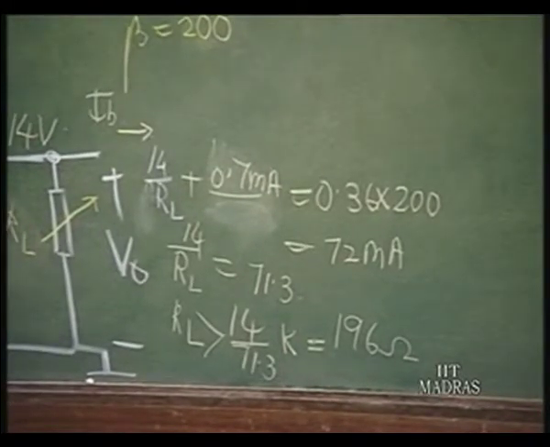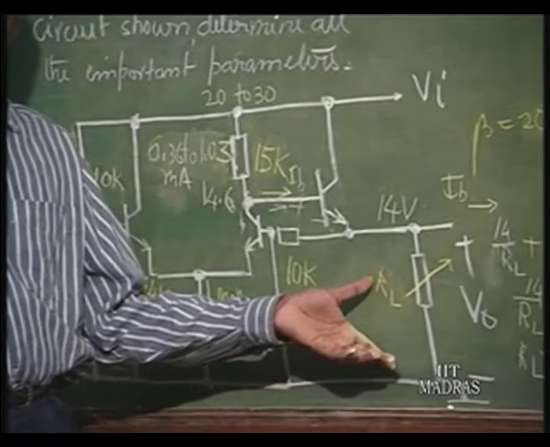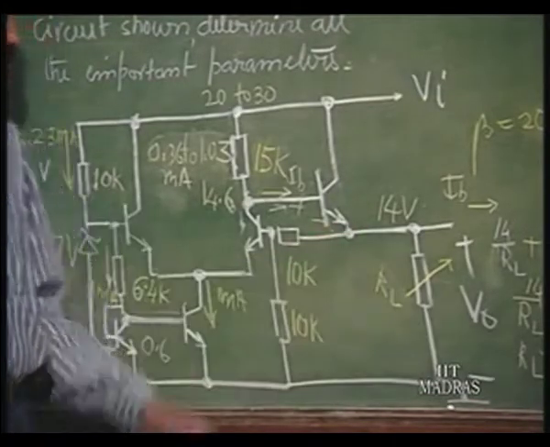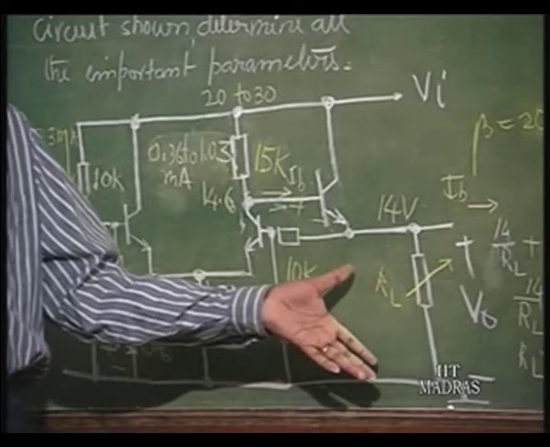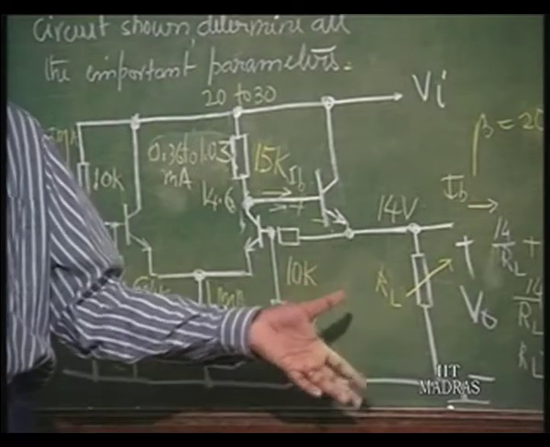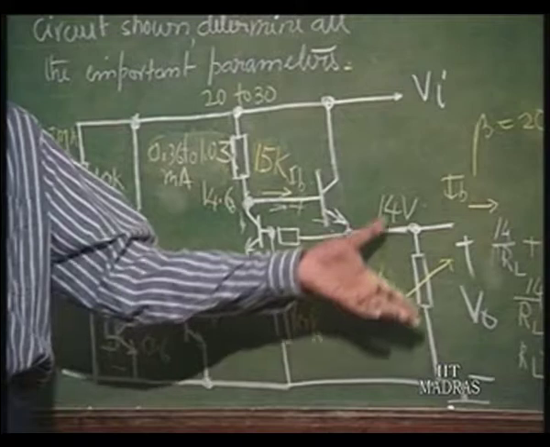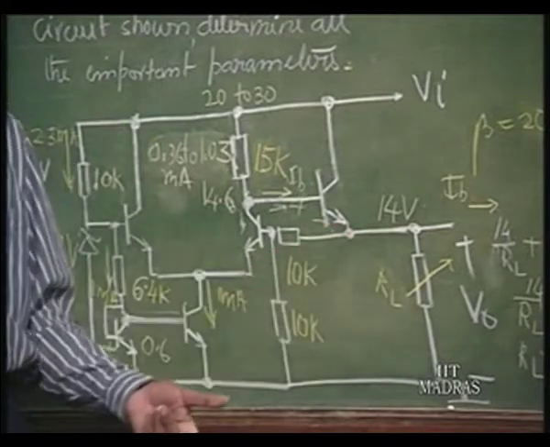Now, we can also determine the maximum limit, that is RL max, because that will deliver the lowest current. Obviously, can you see whether it can be open circuited? We will see. Suppose RL is open circuited, nothing is demanded from it. Okay.